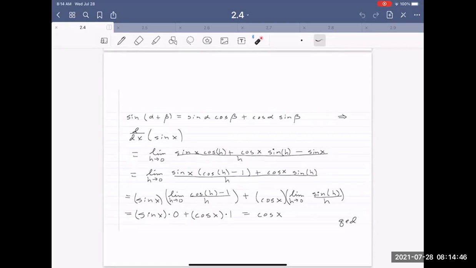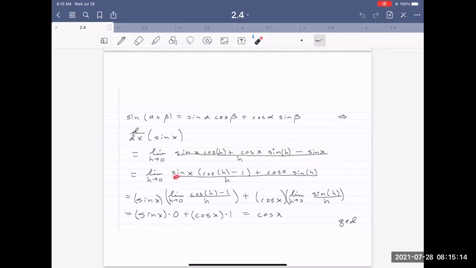By the properties of limits, assuming that these limits exist, and we'll show that they do, I'll split this up into two pieces: the limit as h approaches 0 of this, plus the limit as h approaches 0 of this. Factor out the sine x in front of the limit, since sine x is constant in terms of h.